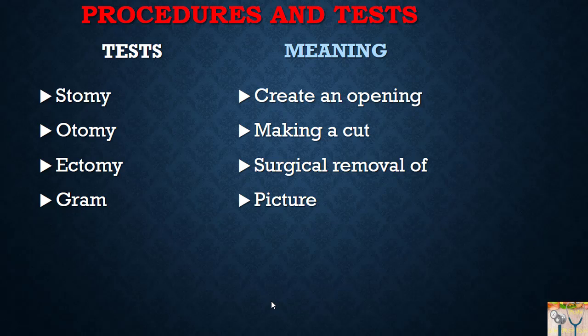Procedures and tests and their meaning. Stomy means to create an opening. Otomy means to make a cut or an incision. Ectomy refers to the surgical removal, and gram is a picture taken.